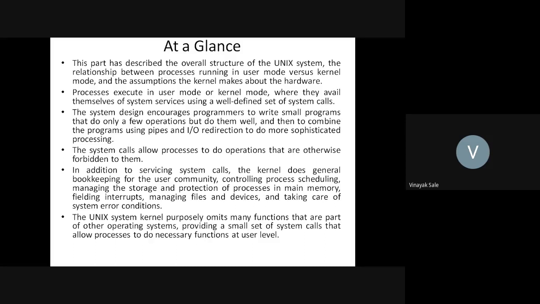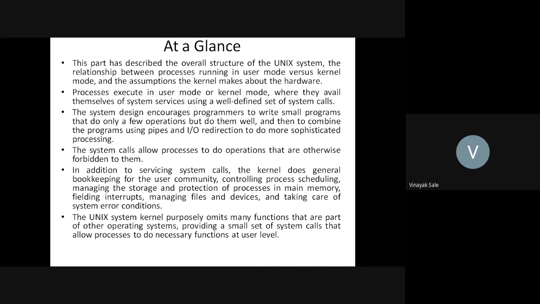The system design encourages programmers to write small programs that do only a few operations but do them well, and then to combine the programs using pipes and input output redirection to do more sophisticated processing. The system calls allow processes to do operations that are otherwise forbidden to them.